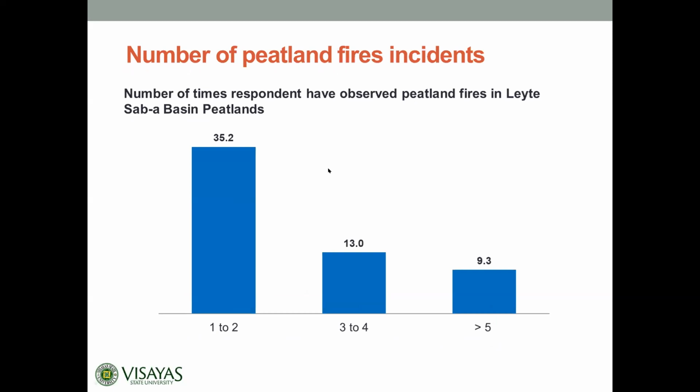Then, in terms of the number of times that the respondents have observed peatland fires in the peatland, 35.2% of the 54 respondents said that they have observed 1 to 2 times, rather, not in a year, but in the 10-year duration period. And then we have this extreme of 9.3% of the 54 respondents who reported that they have seen more than 5 times within the reckoning time.